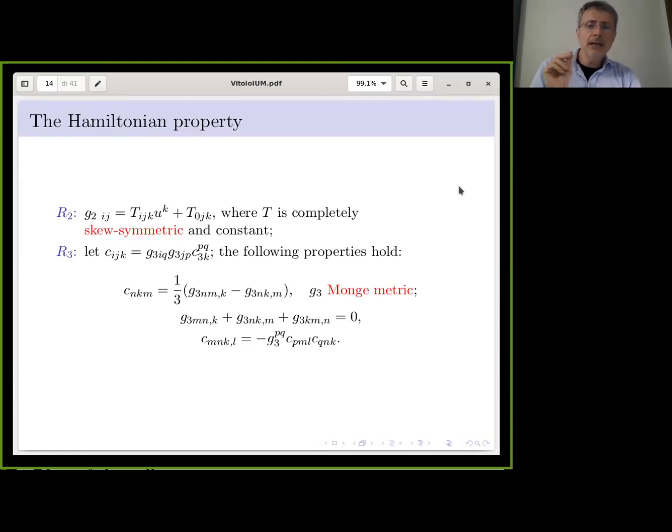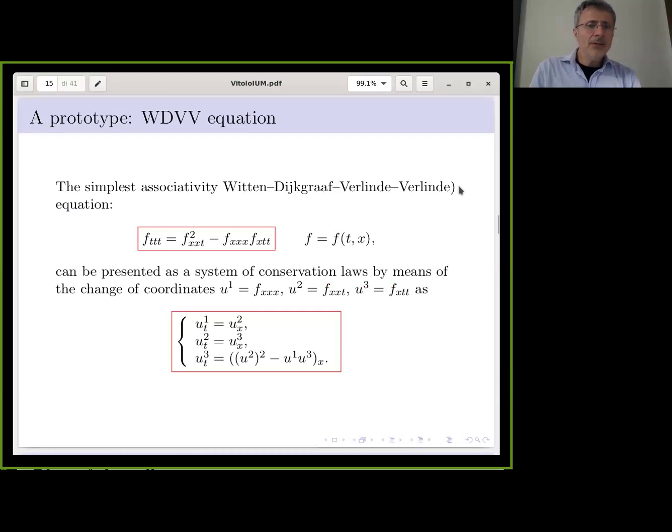So there is an algebraic variety which is called a quadratic line complex, which is attached to every Monge metric. It can be expressed by means of a Monge metric. But this talk is not about this kind of properties of the operators. So let us have a look at what I consider one of the two most inspiring examples for this talk, which is the WDVV equation.